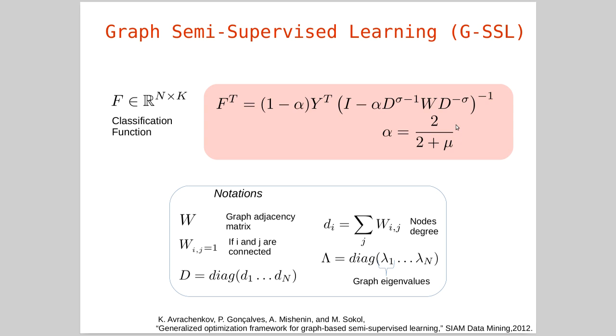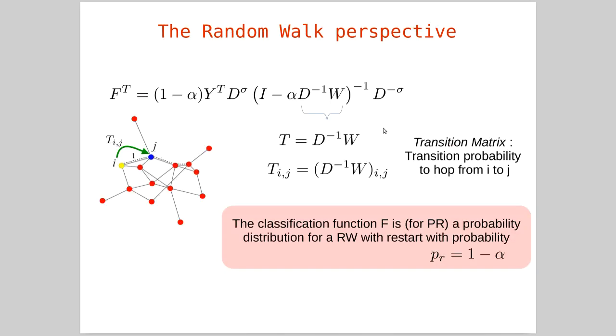So where does diffusion come into the picture? Well, when you look at this classification function, the result of the minimization process, you might recognize that the core of this matrix is given by the transition matrix of a common random walk.